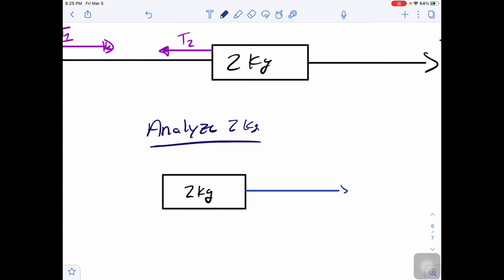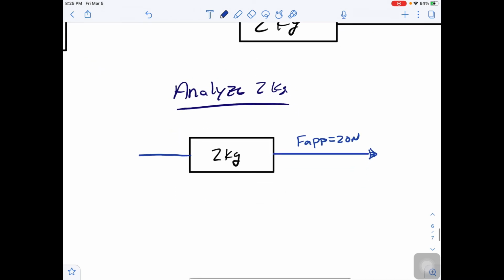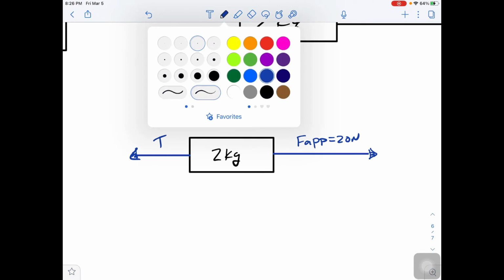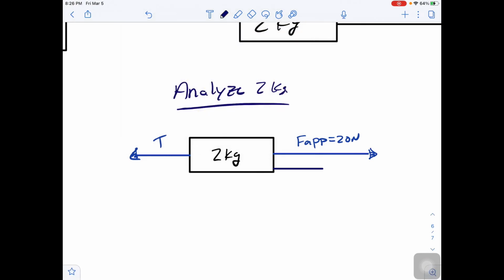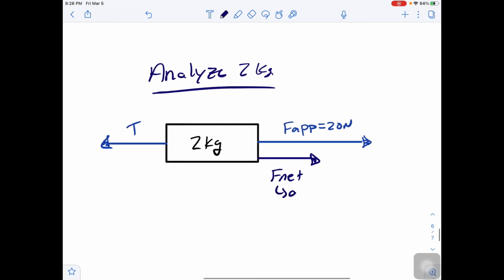I have my applied force occurring over here, which was my 20 newtons. And then I have the tension of my rope pulling it the other way. But we do know that the net force is pulling it to the right based on the question above. And remember, the acceleration of this is 4 meters per second squared.